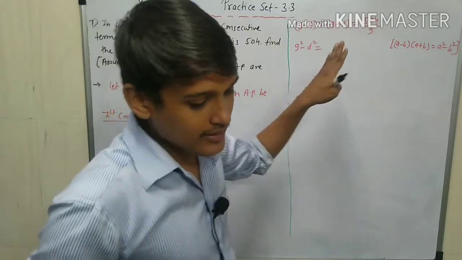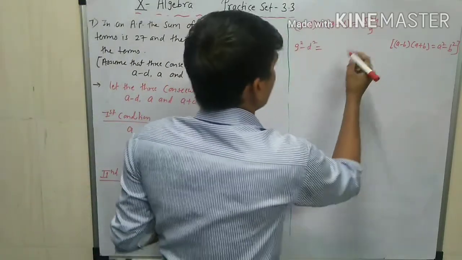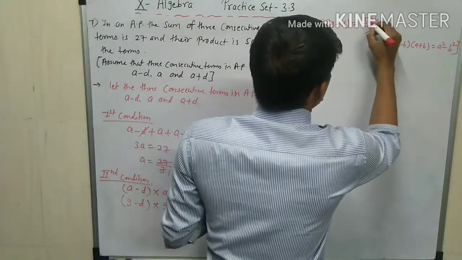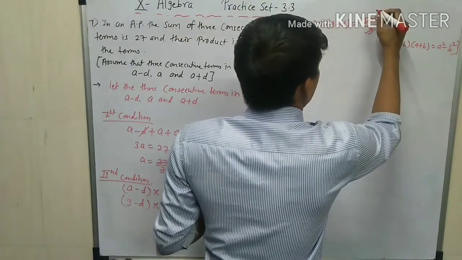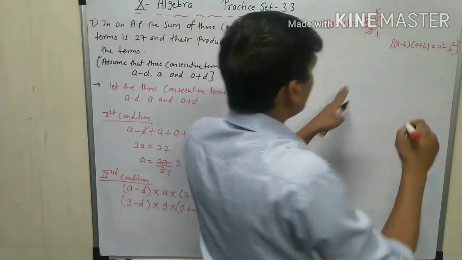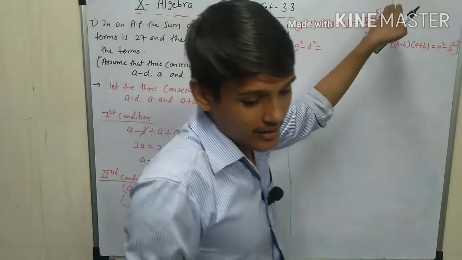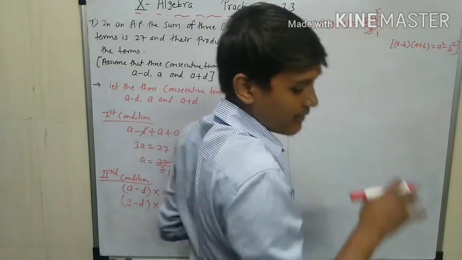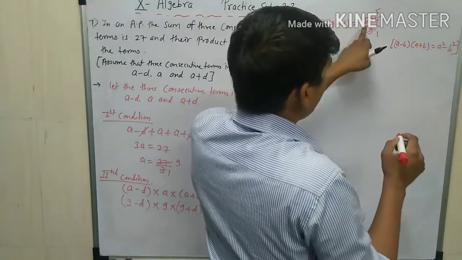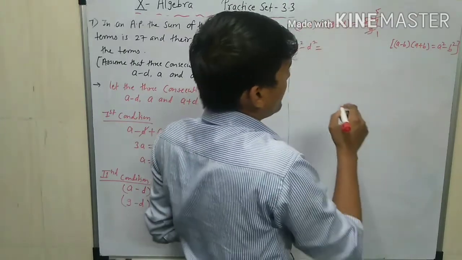What is that? 9 ones are 9, 9 fives are 45.